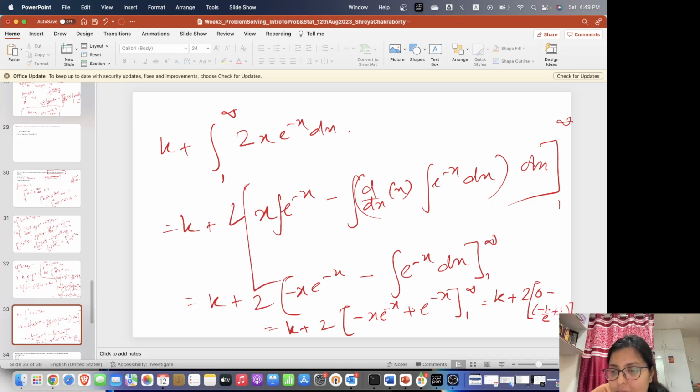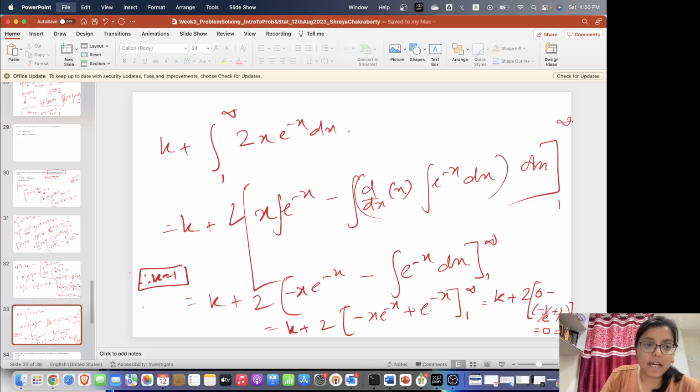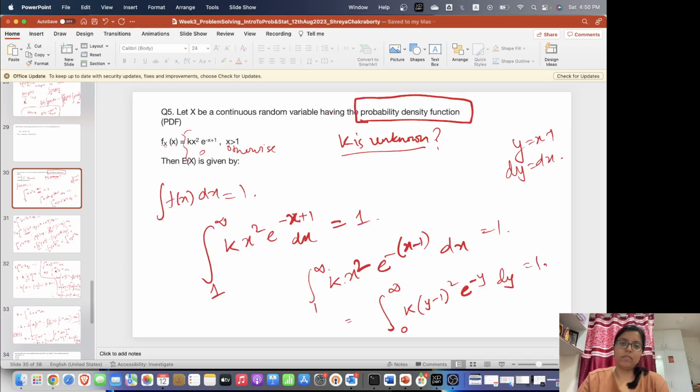So this will be again 0. 0 minus 0, this will all again be only k. So the entire thing then again boils down to k equal to 1. Okay. So both ways it is possible. So now the first step is done. Okay. So we have figured out k is 1.